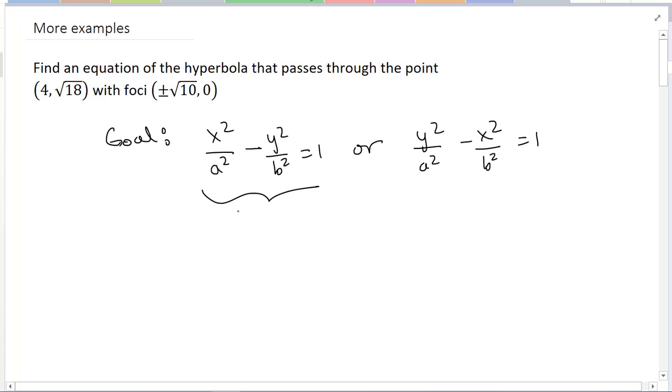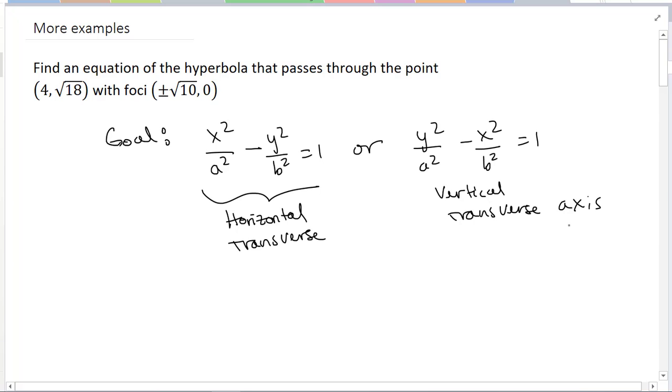The main thing is, how do we decide which one it is? This one has a horizontal transverse axis, whereas this one has a vertical transverse axis. So how do you know from the problem which one we have? Well, the foci are given.